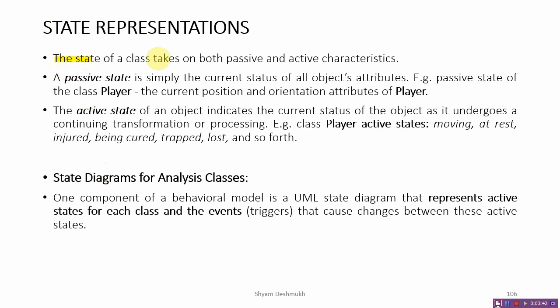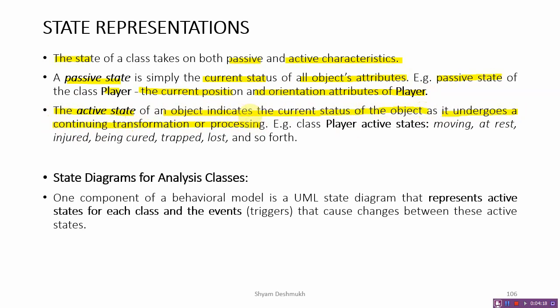The state of a class takes on both passive and active characteristics. A passive state is simply the current status of all of an object's attributes. For example, the passive state of the class player is the current position and orientation attributes of the player.